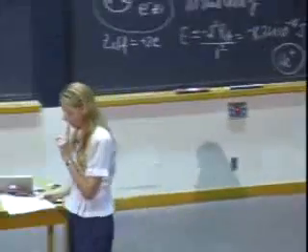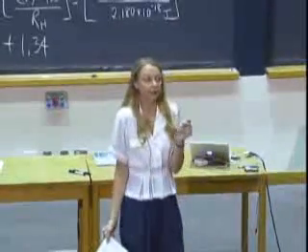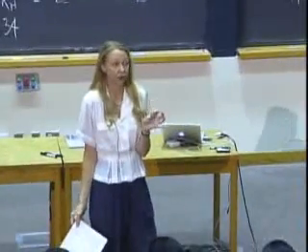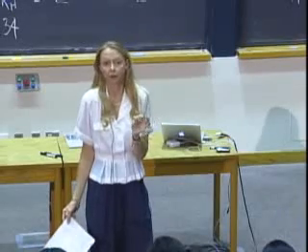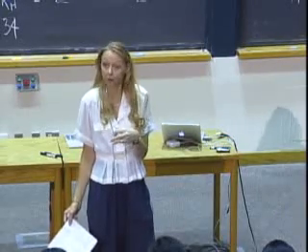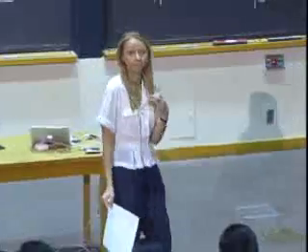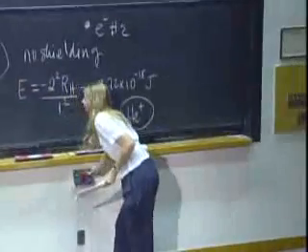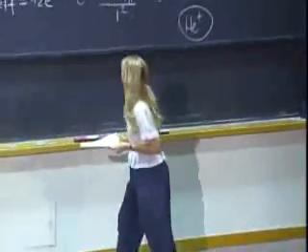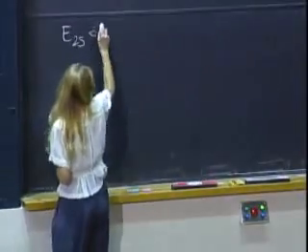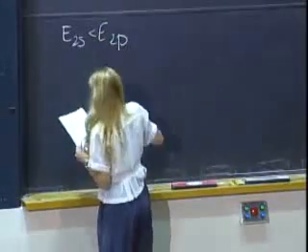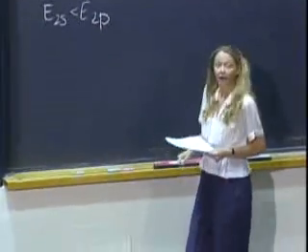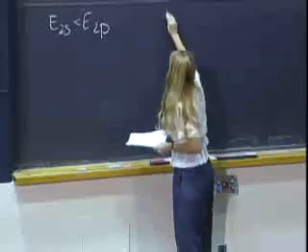But now we have to use this idea of effective charge and shielding to understand why the 2s state is lower in energy than the 2p state. All right, and here comes that. All right, let's think about the lithium atom.